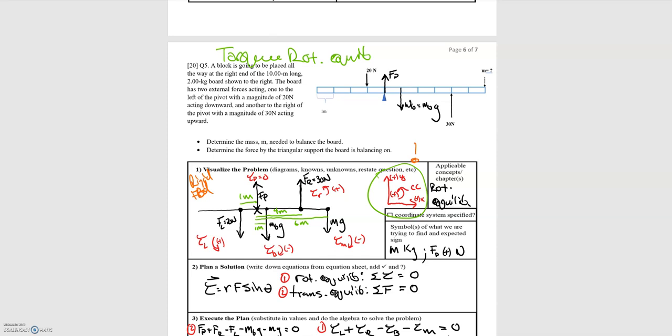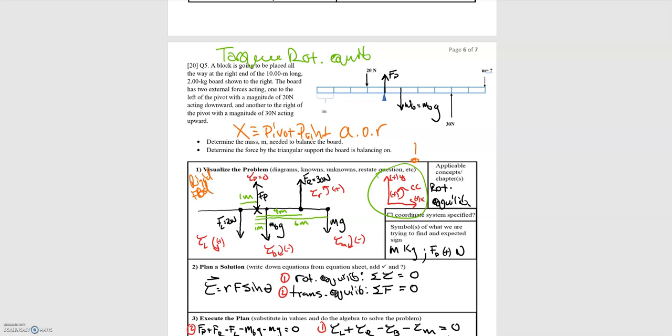I have designated the X as the pivot point or the axis of rotation. And so now we can label our distances from the pivot point to the various forces, because we're going to need that distance when we determine the torques that those forces cause.